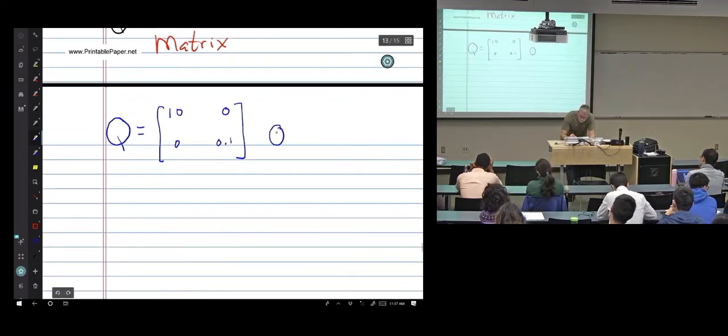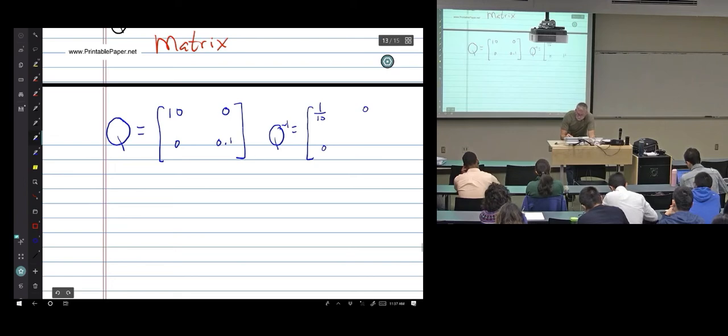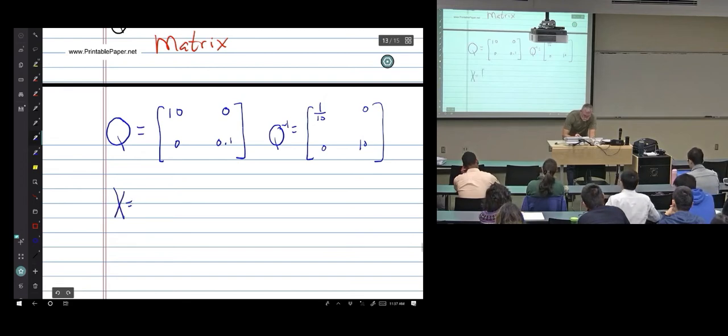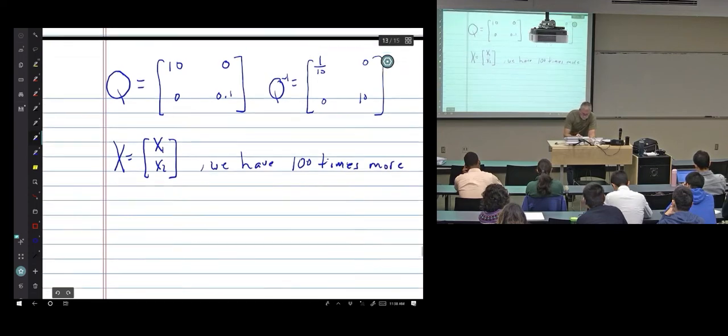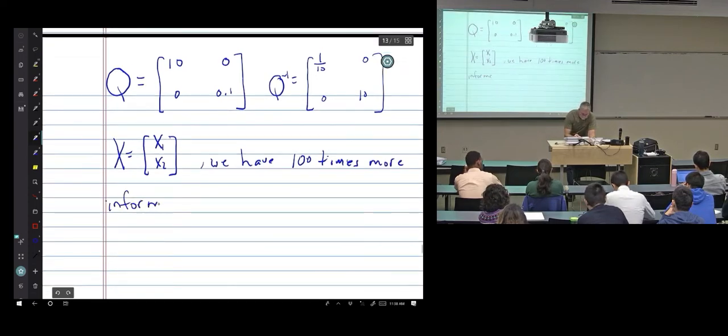So then Q inverse is 1/10, 0, 0, 10. So we have, in this case, 100 times more fidelity, 100 times more information in X2 than in X1, right?